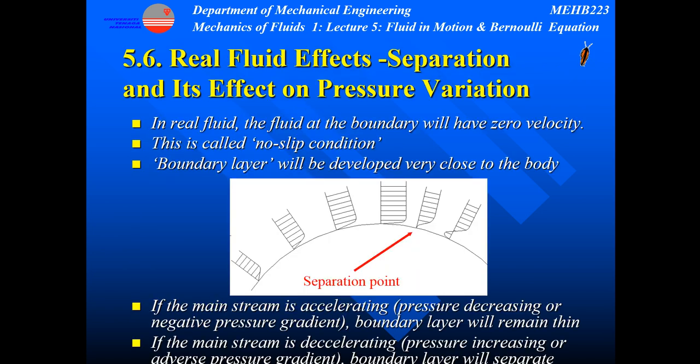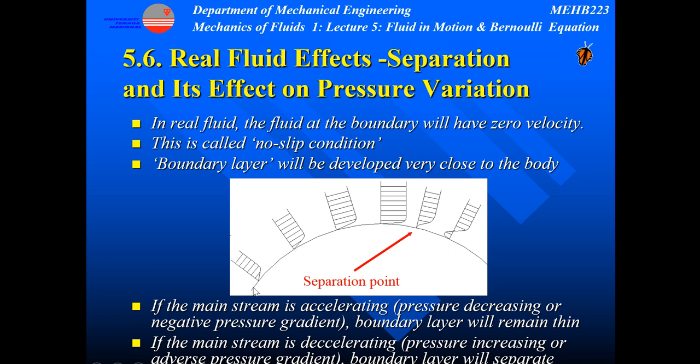Okay. So this is the last subtopic, which is the real fluid effects. In real fluid, the fluid at the boundary will have zero velocity. This is called the no slip condition. We have learned this before. When this happens, a boundary layer will develop very close to the body. So you can see there's a body here.